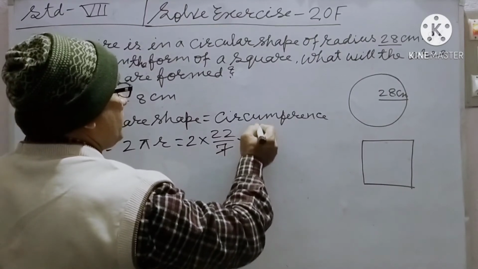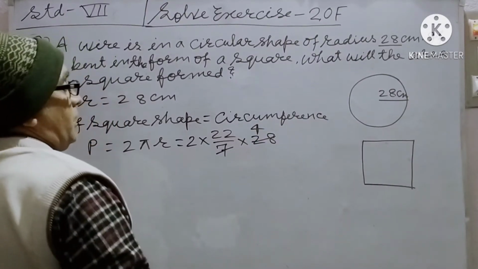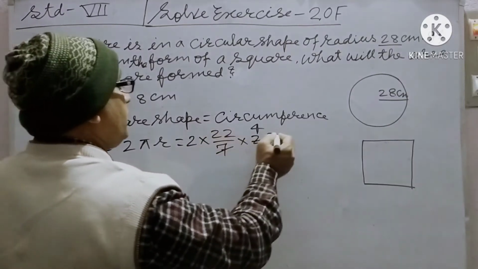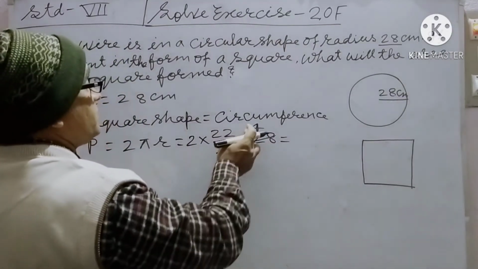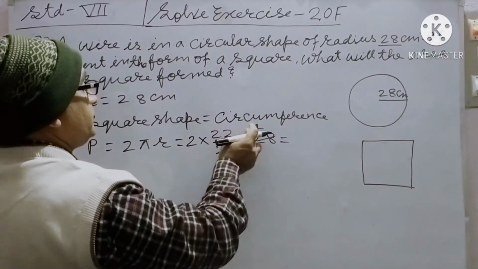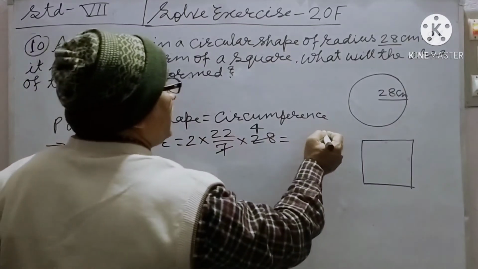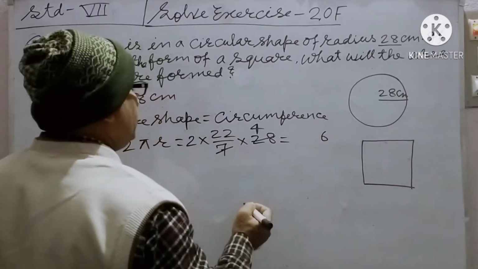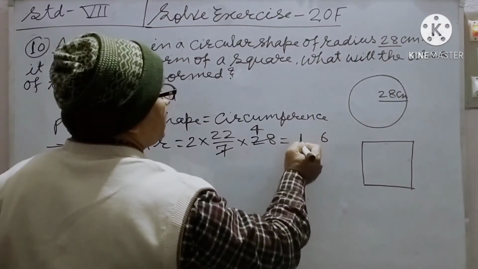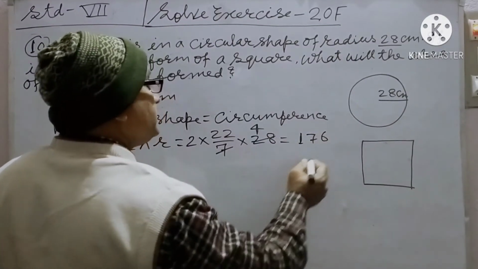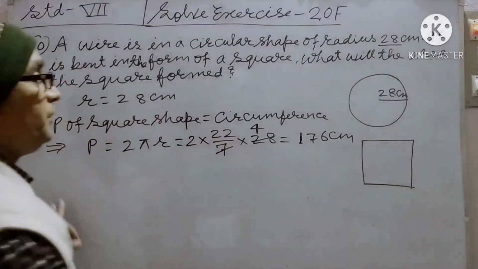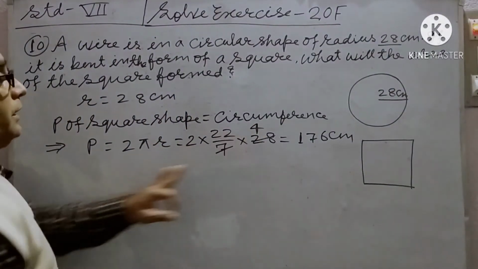So 7 fours are 28. Circumference is 4 fours are 16, 88. 88 twos are 176 cm. The perimeter of a square is 176 cm.